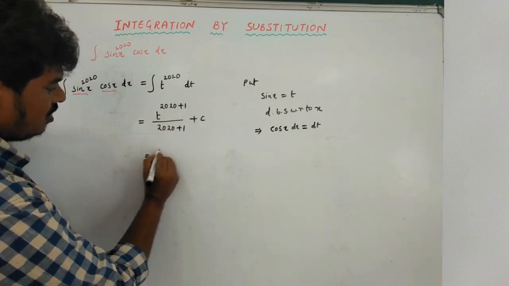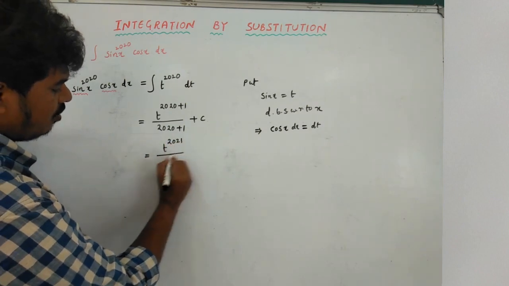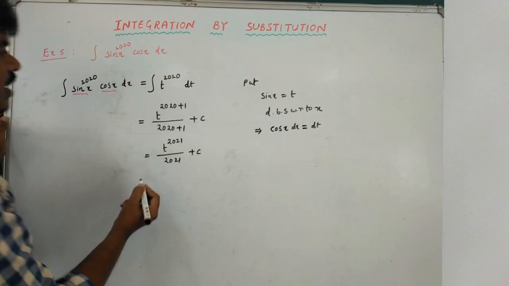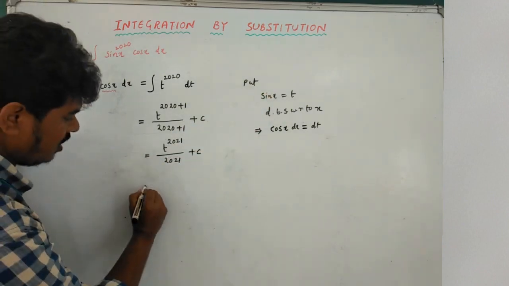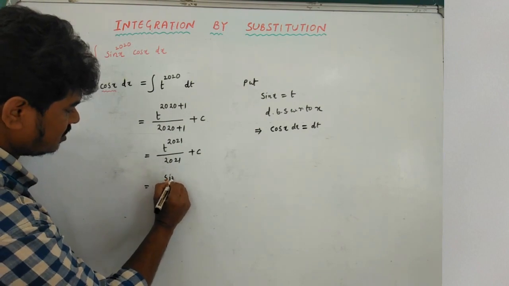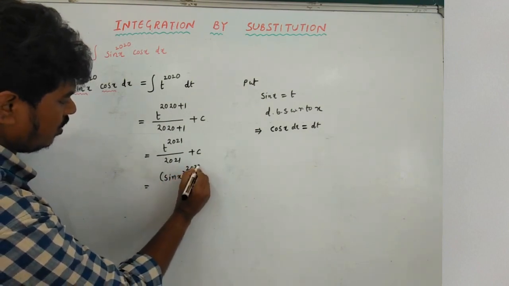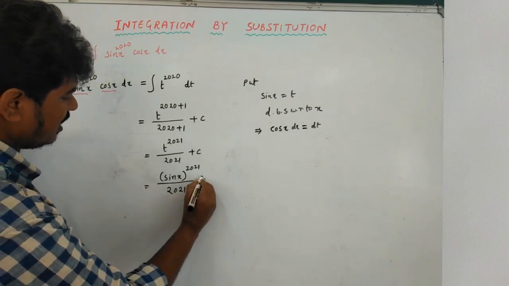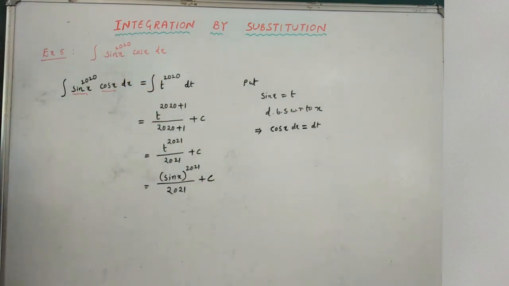This is equal to t to the power of 2021 divided by 2021 plus c. Now t should be replaced with sin x. So it is sin x whole to the power of 2021 divided by 2021 plus c. It is the answer of this example 5.